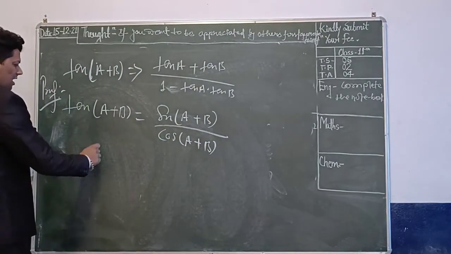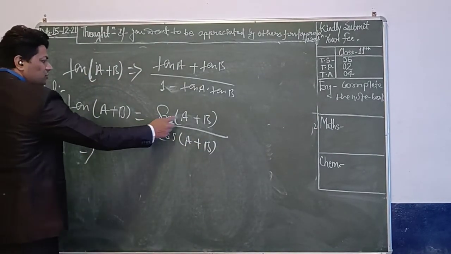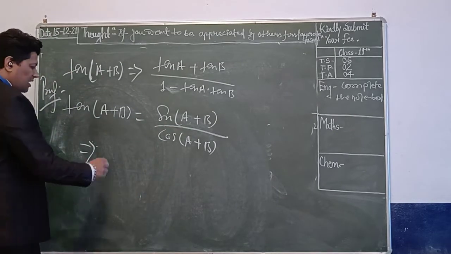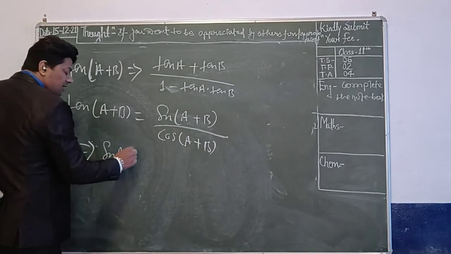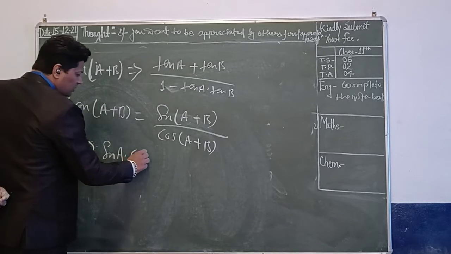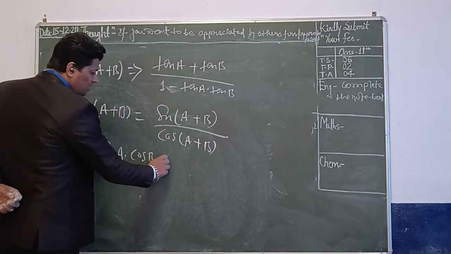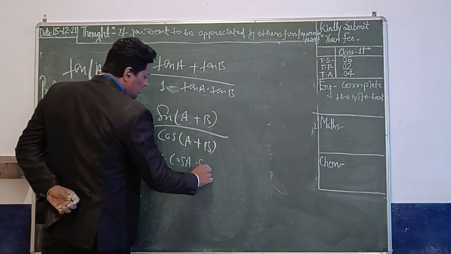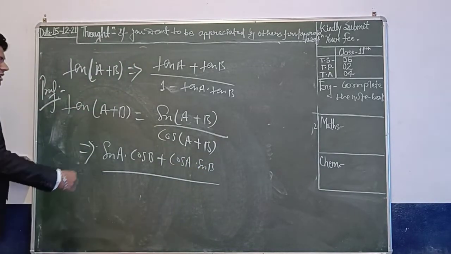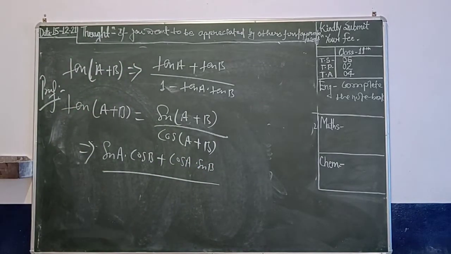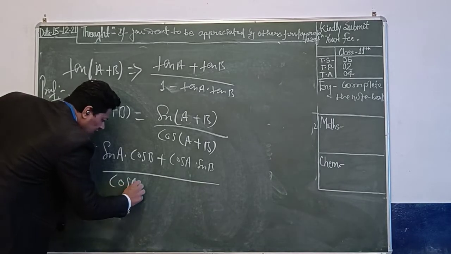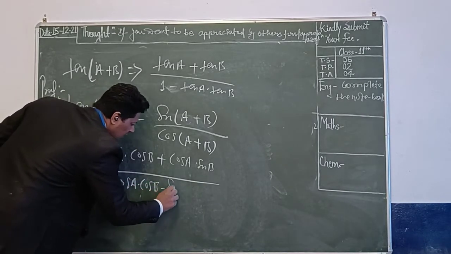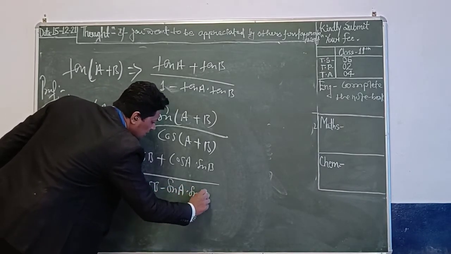Is it clear? And what is the formula of sin A plus B? Tell me. Sin A cos B plus cos A sin B, right. Check it. Sin A cos B plus cos A sin B. What is the formula of cos A plus B? Cos A cos B minus sin A sin B. Right.